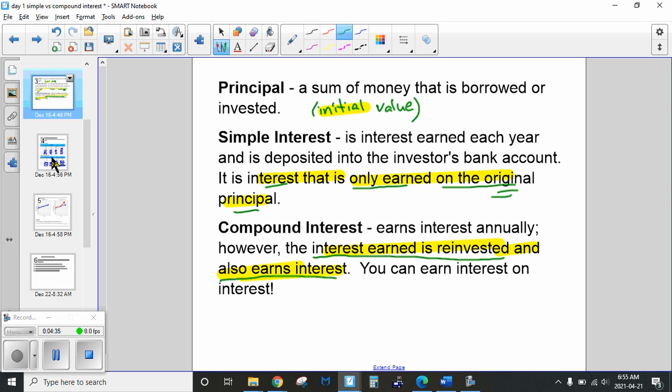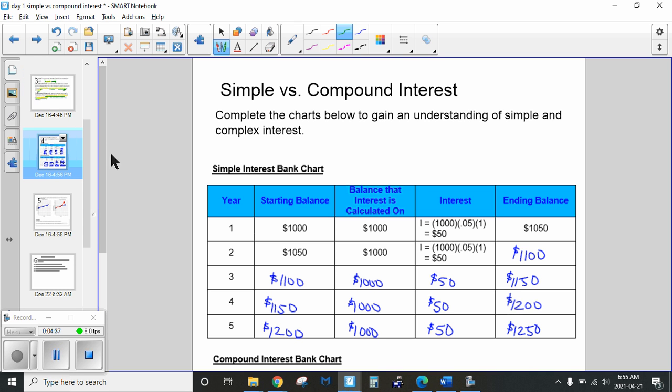Alrighty, so on this next slide, there's a chart set up for a simple interest system where your starting balance is $1,000. That's the amount that interest will be calculated on at the end of year one. I'll show you this formula on the next slide, but you've earned $50 interest in the first year, so you're going to finish with $1,050.